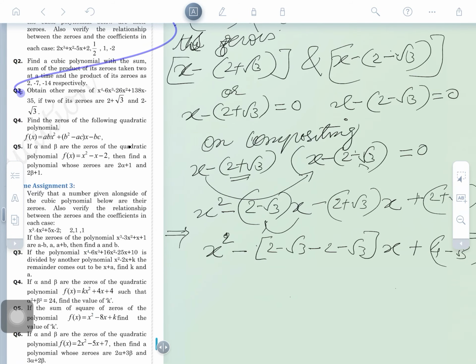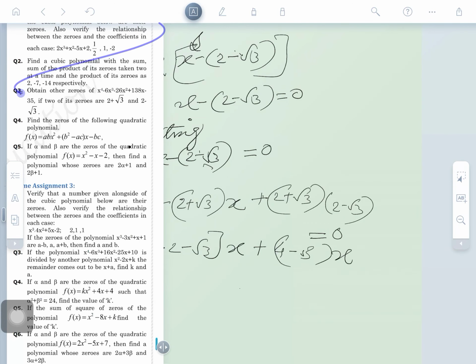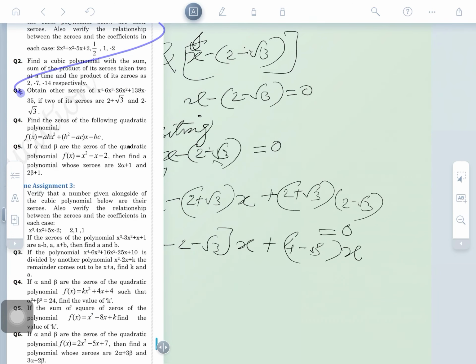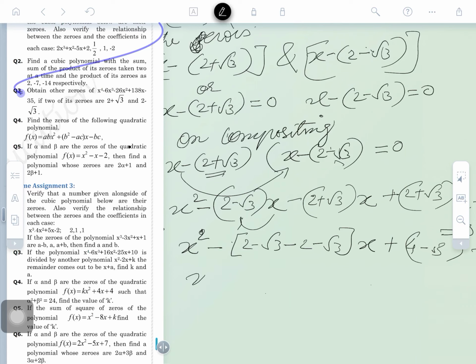What will x not come here, it is equal to 0. Now further it can be solved: x square, minus 2 cancels, and minus 2 times plus 2 times root 3, x outside, and 4 minus 3 is 1, equal to 0.